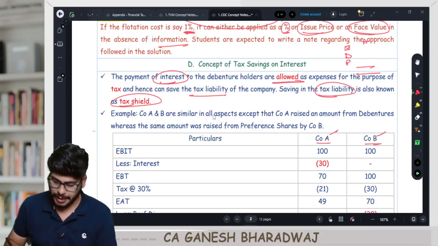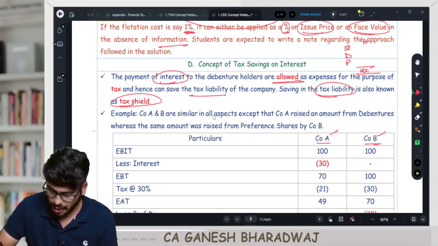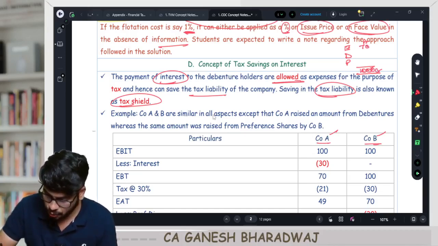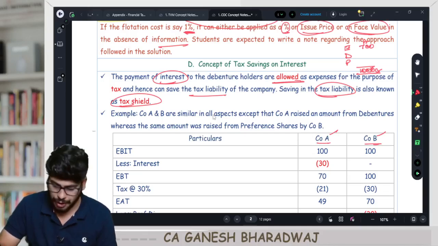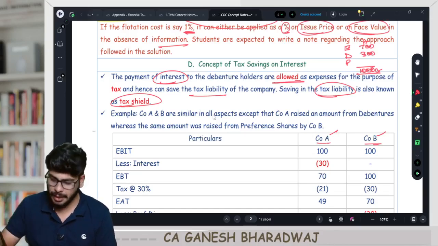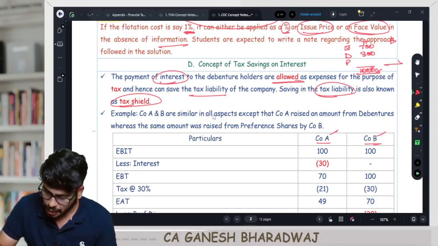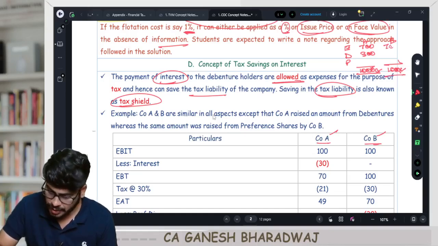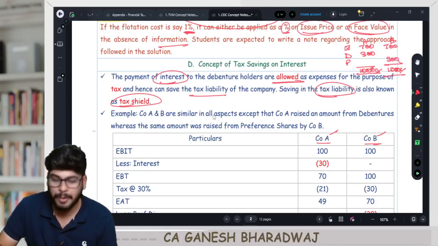Company A raised this 1000 crores, as an example only, as follows: 700 crores from the equity route and 300 crores from the debt route. How about company B? Company B, totally 1000 crores only: 700 crores they raised from equity and 300 crores they raised from the preference route.